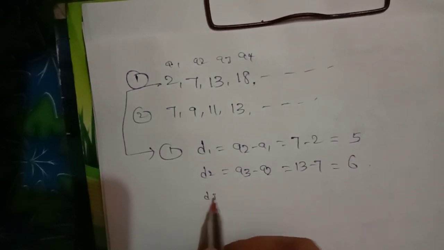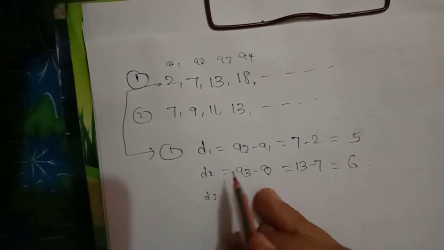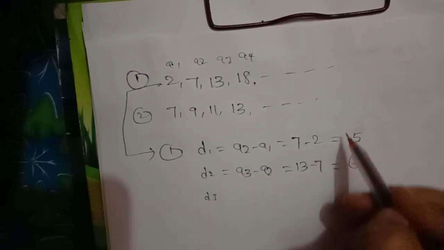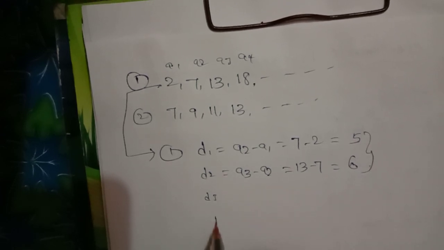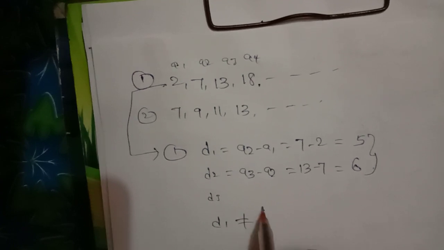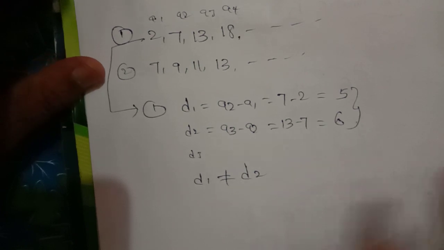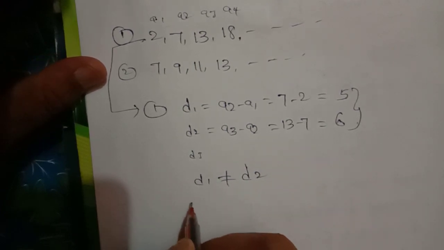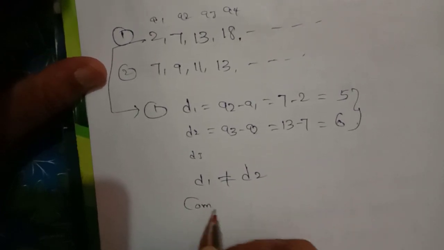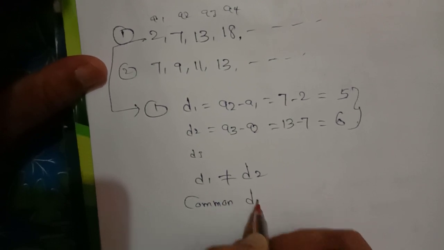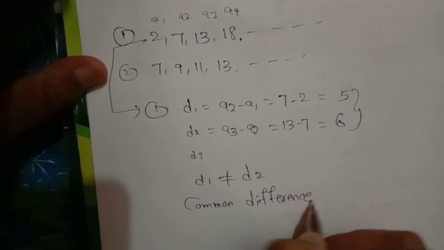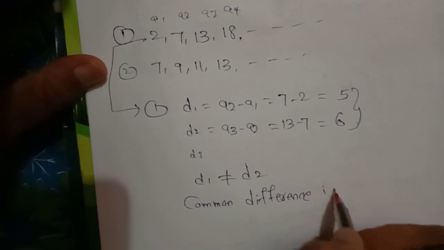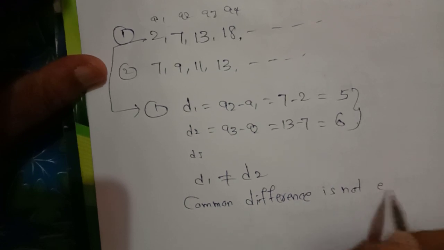Again, to find d3, you can apply the same rule. But you can observe here, these numbers are not same. So here we can write d1 is not equal to d2. Okay students, d1 is not equal to d2. So we can write that the common difference is not equal.